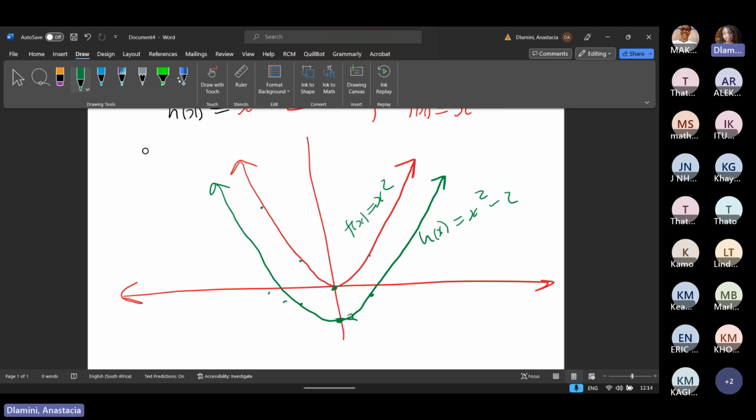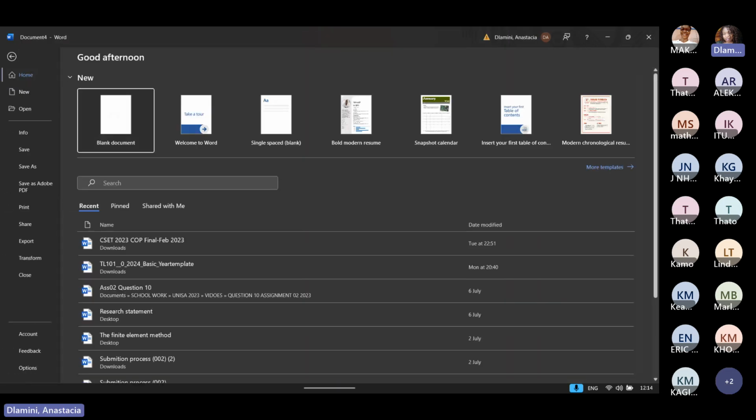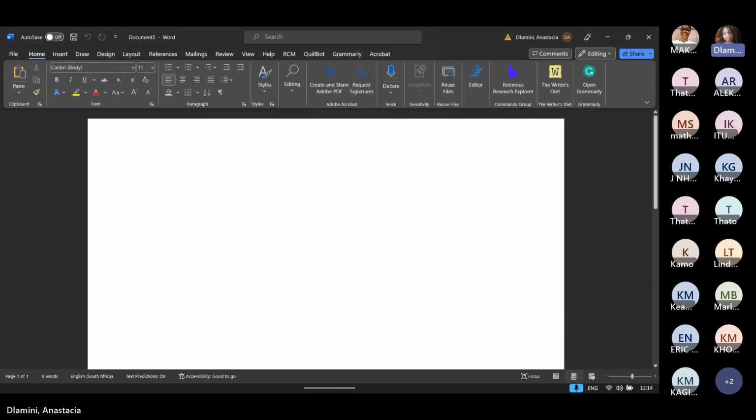Now, shifting horizontally. You will read that, but I'll just summarize it. I want us to breathe in and out for this one, because normally your mind will tell you that if you add, you have to move to the right, but if you subtract, you have to move to the left. Your mind will tell you that, but that's not true.